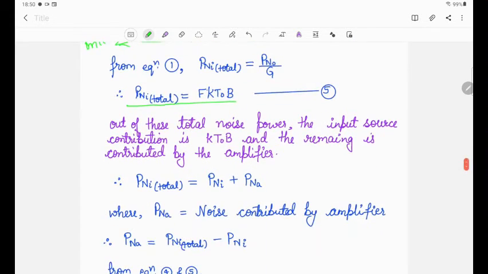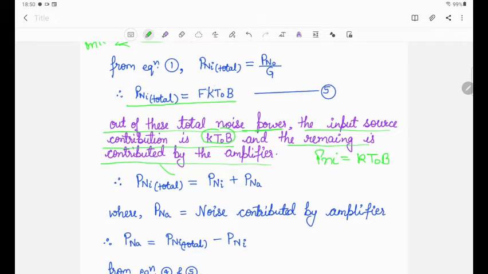Now out of this total noise power, the input source contribution is KT naught B, that is PNI, and the remaining is contributed by the amplifier.